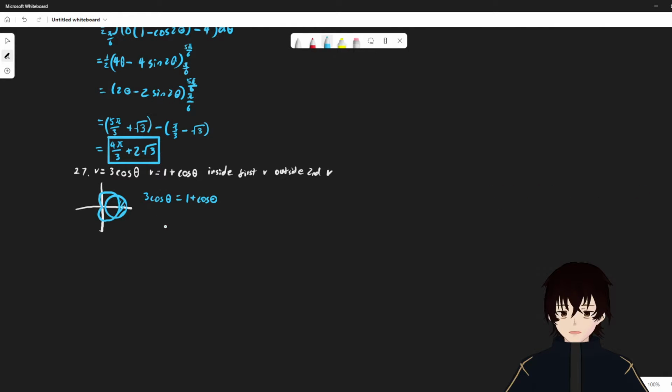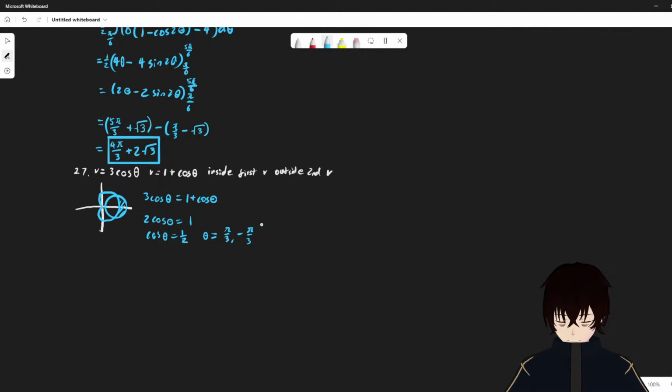So minus cosine theta on both sides, we get 2 cosine theta is equal to 1. So therefore cosine theta is equal to 1/2. Where is cosine theta equal to 1/2? Pi over 3, and negative pi over 3, right? Hang on, double check.